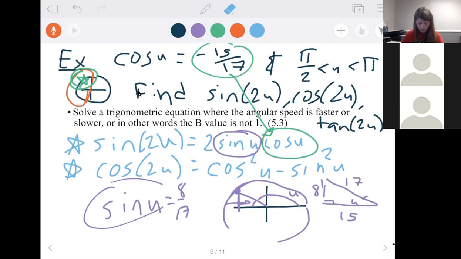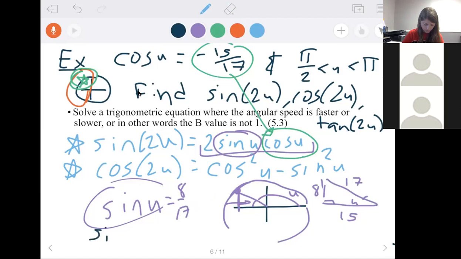So in this particular case, now if I wanted to find sine of 2u, I can go ahead and drop in 2 times 8 over 17 times negative 15 over 17. Okay, so let's go ahead and do that one.